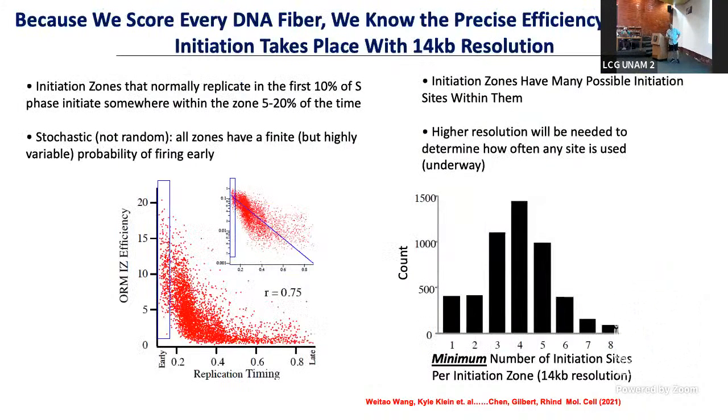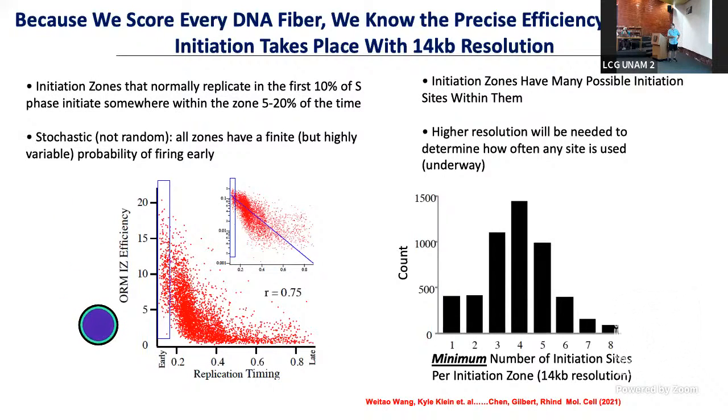So since we are looking at all the fibers, both the fibers that are labeled and the fibers that are unlabeled, which is not able to be done by other methods, we were able to get actual efficiencies. So what's shown here is, remember, we caught the very, very earliest origins to fire. So we plotted replication timing of all of these different initiation zones that we found versus their efficiency.